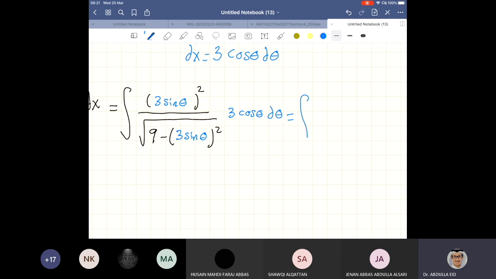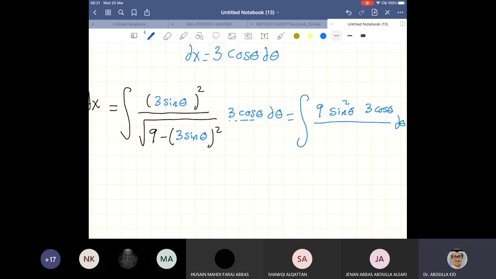Let's see, what are we going to get here? First of all, 3 sine theta squared will become 9 sine squared theta. You have also 3 cosine theta, and here you have d theta.